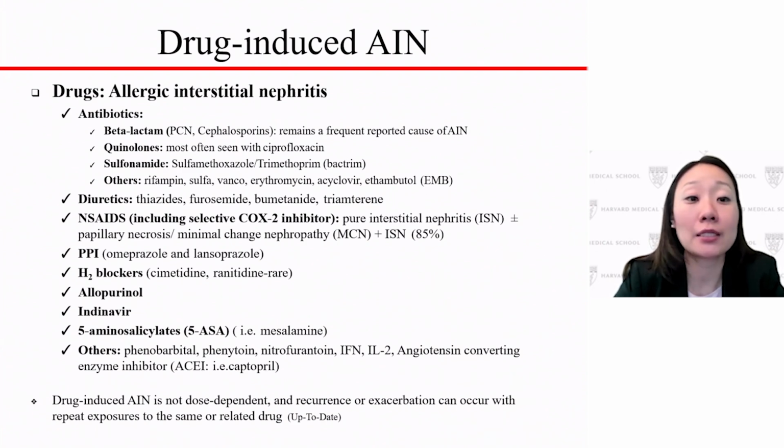However, antibiotics are not the only type of drug that can cause interstitial nephritis, and there is a whole array of different classes, including diuretics, NSAIDs, proton pump inhibitors, H2 blockers, allopurinol, as well as other classes. It's important to note here that in the cases of drug-induced interstitial nephritis, it is not dose-dependent, and recurrence or exacerbation can occur with repeat exposures to the same or related drug.